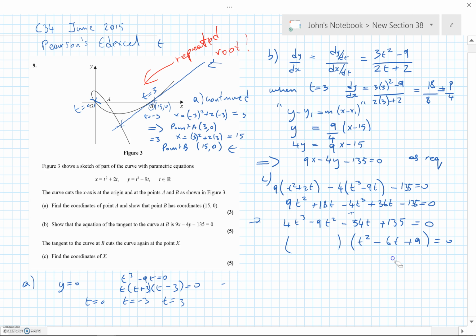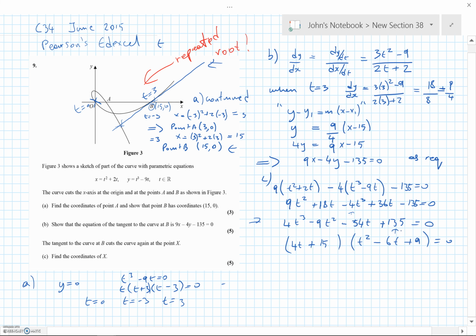That must be 4t, so that the first term is 4t cubed, and this one here must be equal to plus 15, because we need to get plus 135.